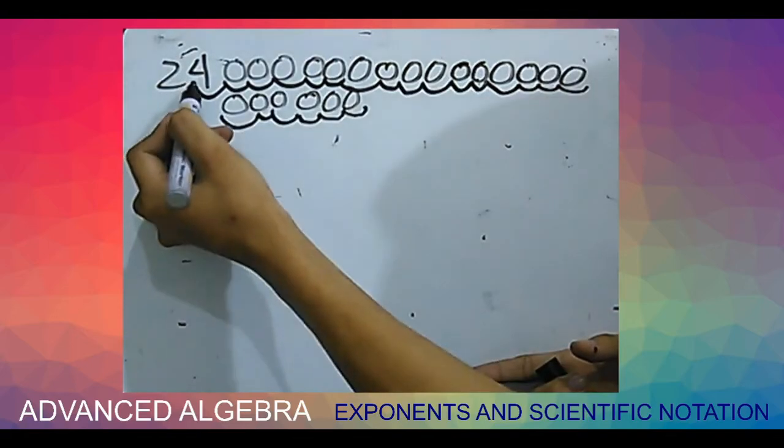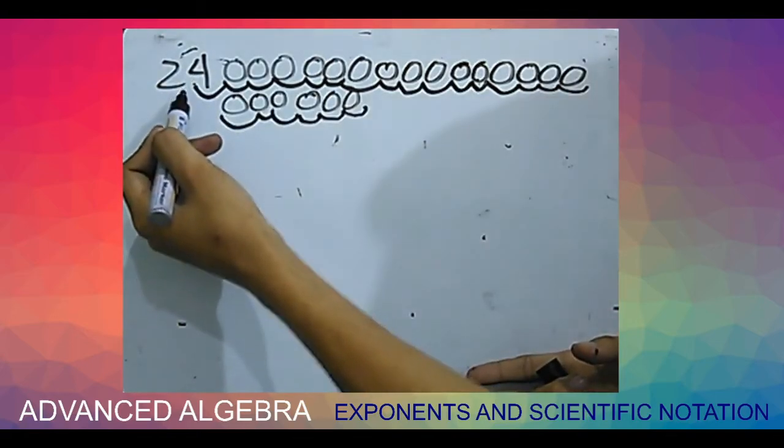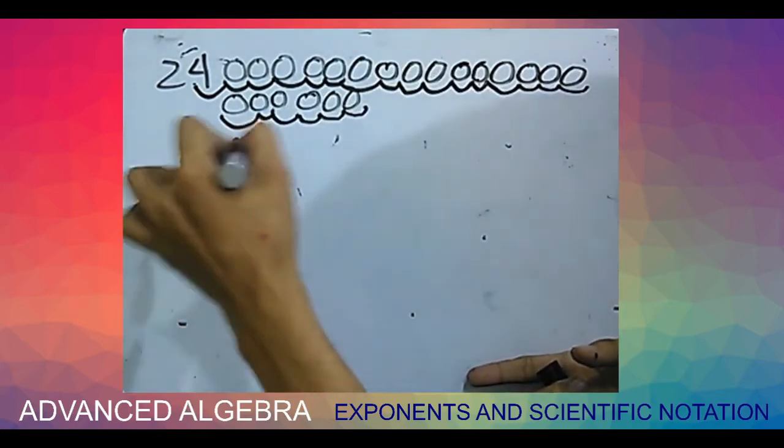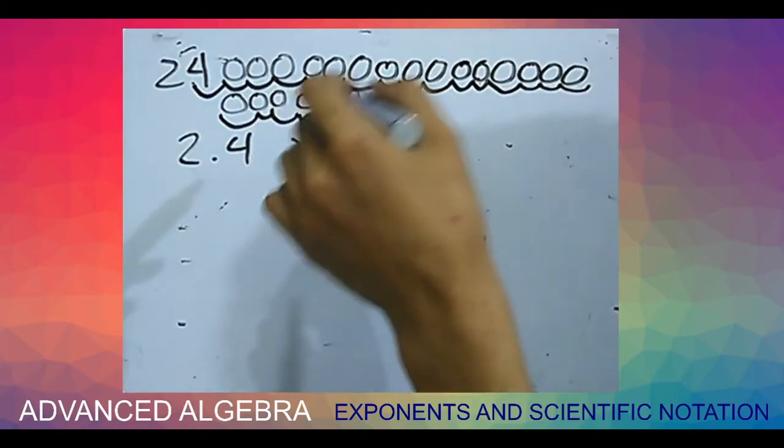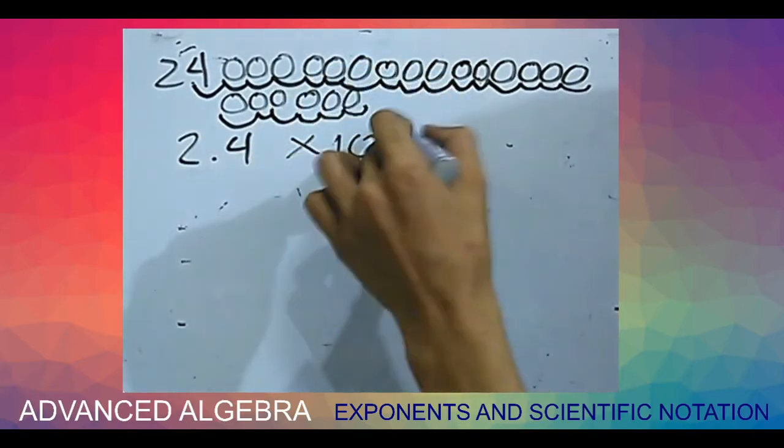Titigil tayo dito sa whole number. Dapat maging isang whole number lang siya, or single number. So, maging 2.4. Then, itatimes natin sa 10. Tapos, ilang decimal places yung ginawa natin? So, 22.